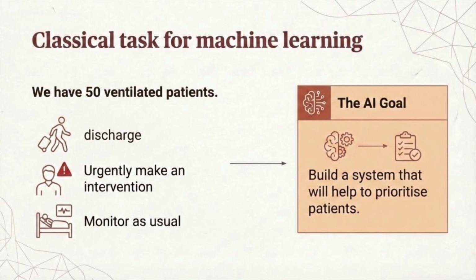Some of them are already ready to be discharged, so we need to start a spontaneous breathing trial. Some of them, oppositely, are not doing very well, and we urgently need to make some intervention, change mode or give sedation or whatever else. And some of them should just be monitored as usual, like during regular rounds.